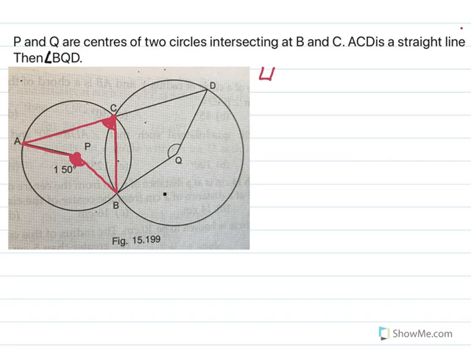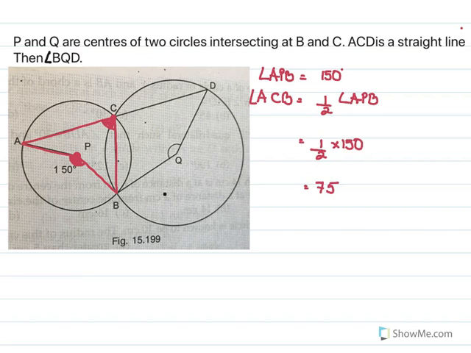We have angle APB equal to 150, and angle at the circle ACB is half of angle APB, which is half of 150, equal to 75. So here this angle is 75.